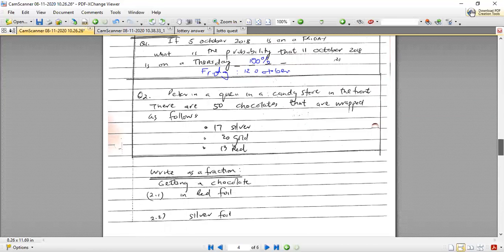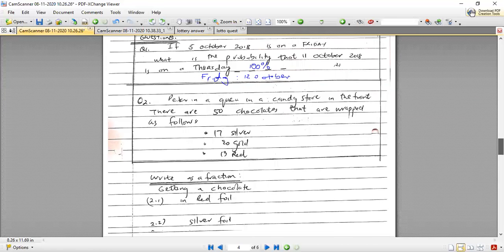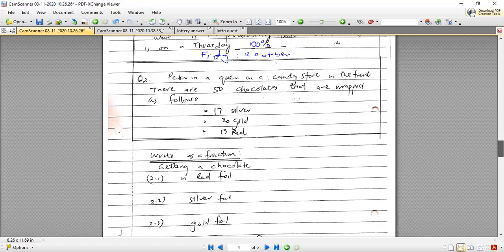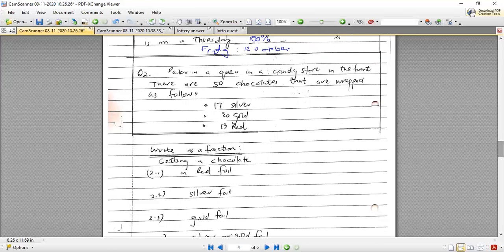If we look at our next question, Peter is standing in a queue in a candy store, in the front. There are 50 chocolates that are wrapped up as follows. Now, as you can see, it's important to mention that he is standing in front of the queue, because if he was not in front of the queue, then the number of chocolates would decrease, and that would affect the total number of outcomes in the question.